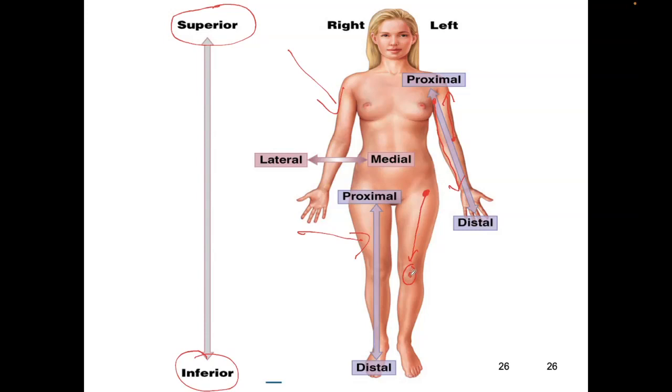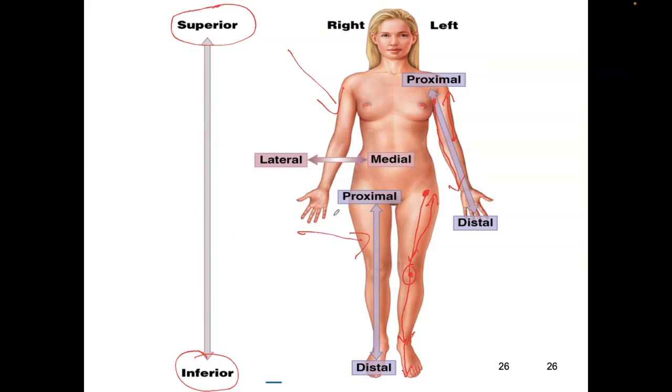If I start at the patella and I move up to the head of the femur, I'm moving proximally. If I'm at the patella and I move down to the tarsals, I move distally. If I'm at the tarsals and I move to the hallux, I move distally.